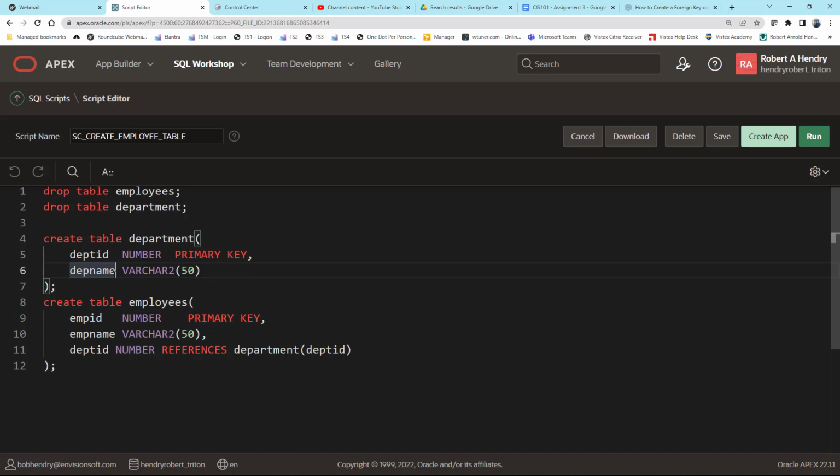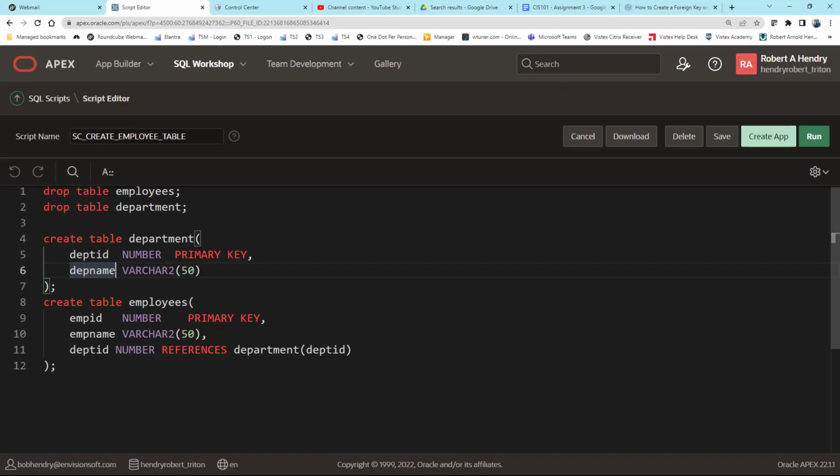Now, just like a primary key constraint, a foreign key constraint is a design consideration. That's something you would determine if you wanted to relate two tables together. You don't need to use foreign keys, but you probably should, because it allows some really decent data integrity, meaning we don't want employees that have departments that don't exist.